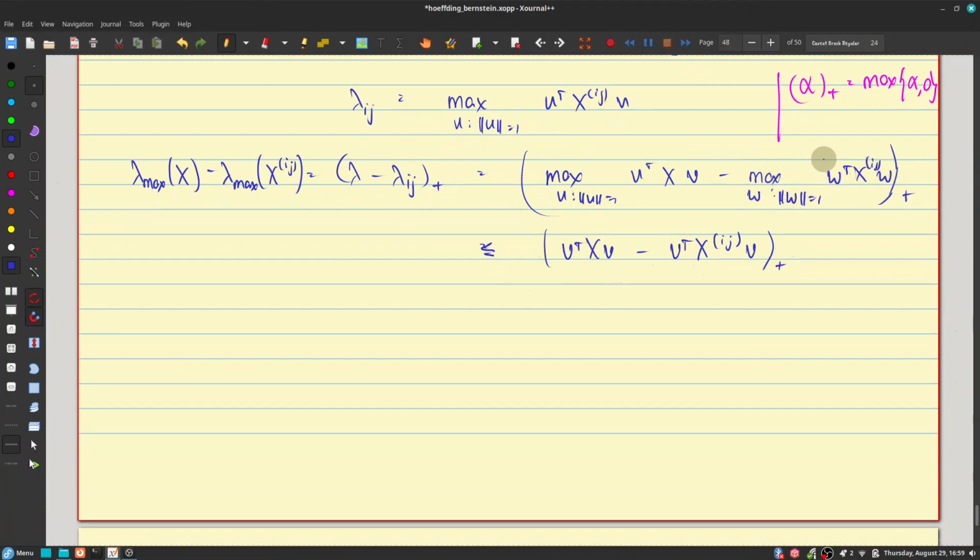If I choose a particular V, say the following, let's look at V transpose Xij V versus the max over all W with norm equal to 1 of W transpose Xij W. What can you say about the relationship between these two?